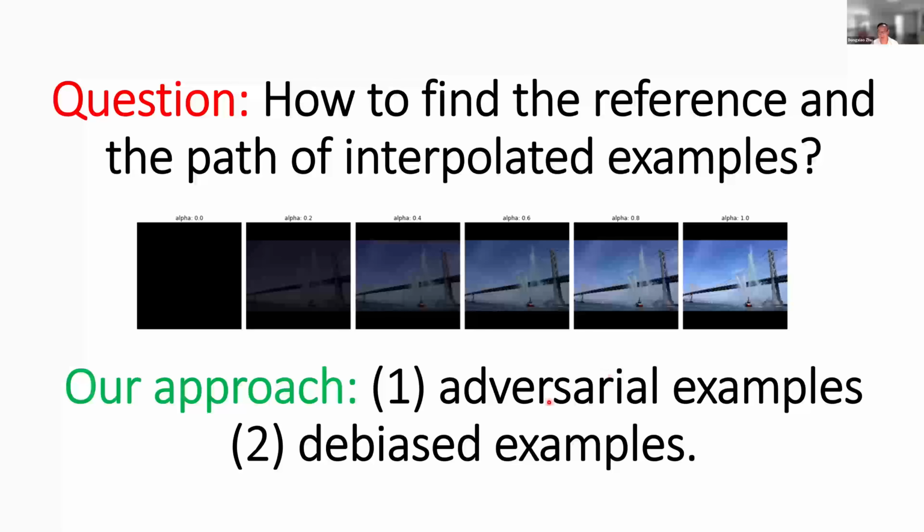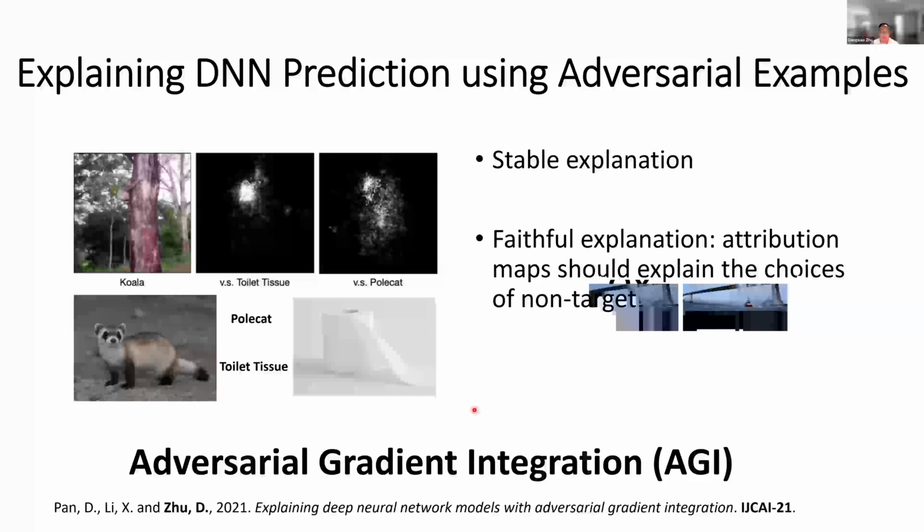We call it other adversarial examples, and we use that as the reference. Or we do something to the image to remove the spurious features, and we also use that as the reference. So two different approaches. Here you can clearly see what the real features are.